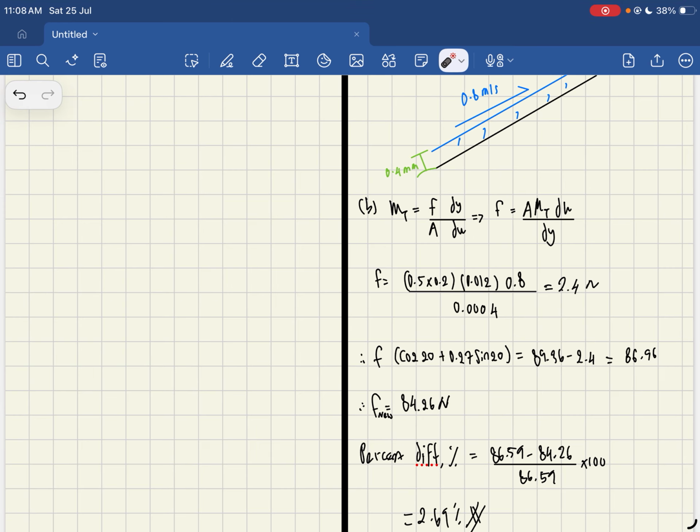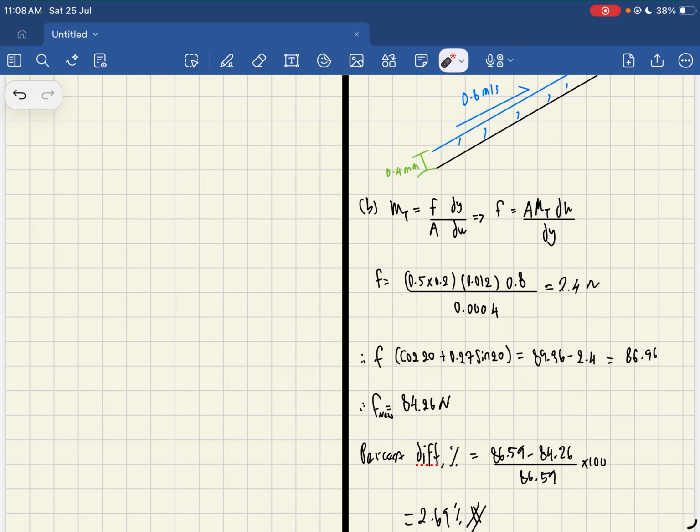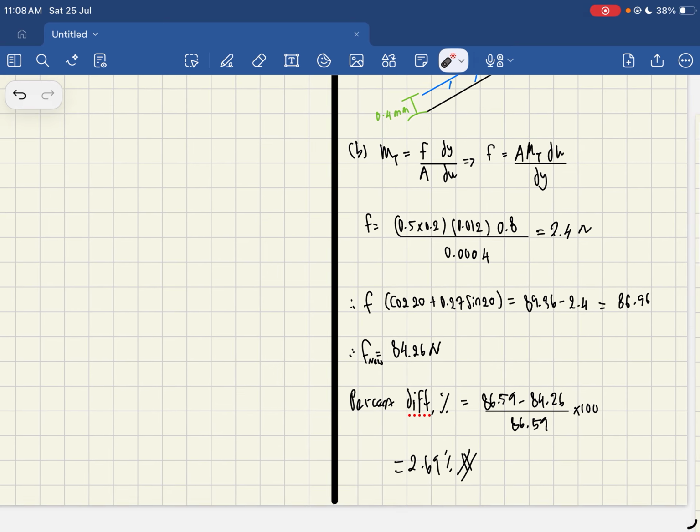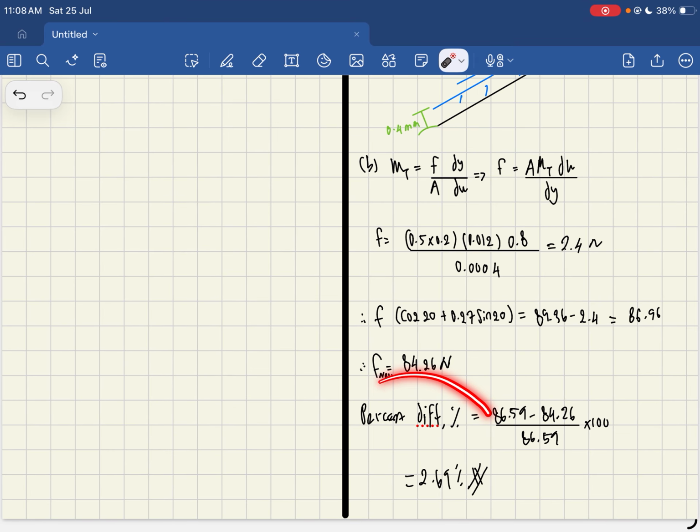So that's why we get F new equal to 84.26, and we make a percent difference calculation, and we get 2.69%.